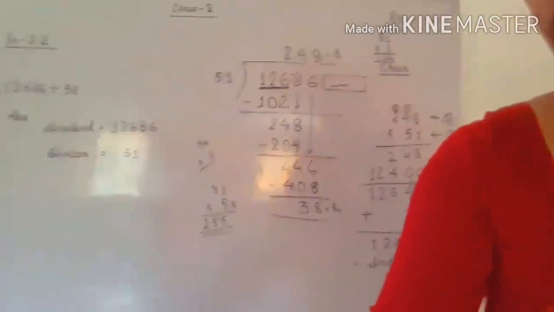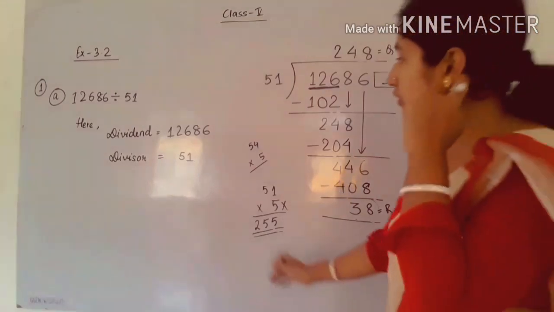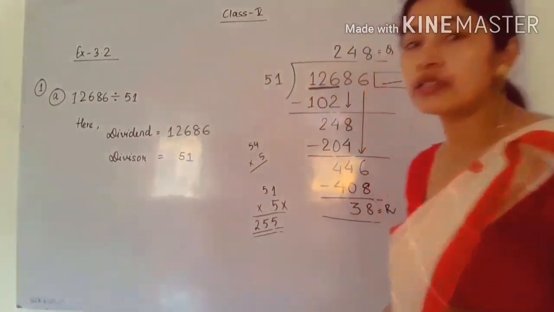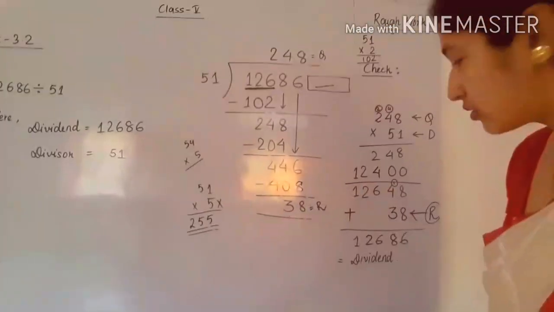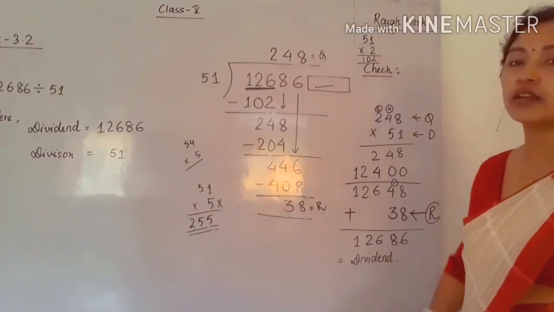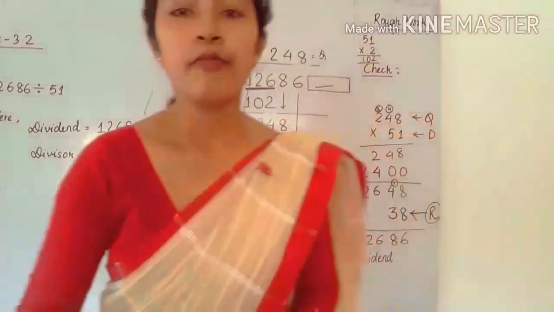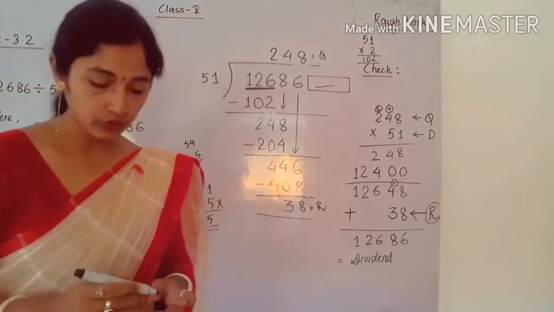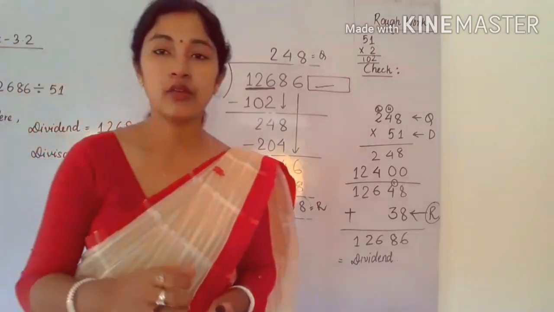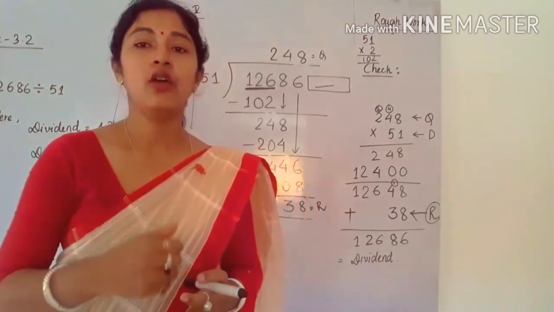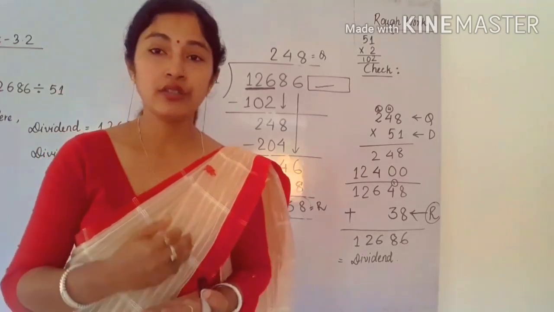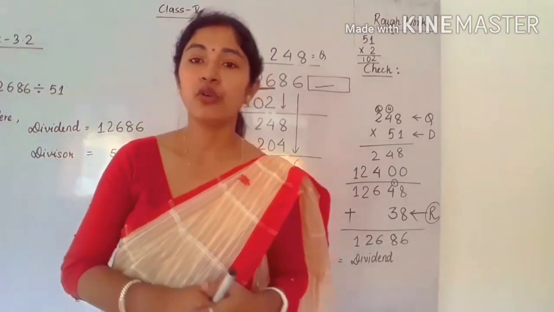So let us go to the first step. What was our dividend? Our dividend was 12686, and similarly we got 12686 here. So this is the way of doing it. You have to write what is our dividend, divisor, quotient, and remainder. Then after that you will do division.